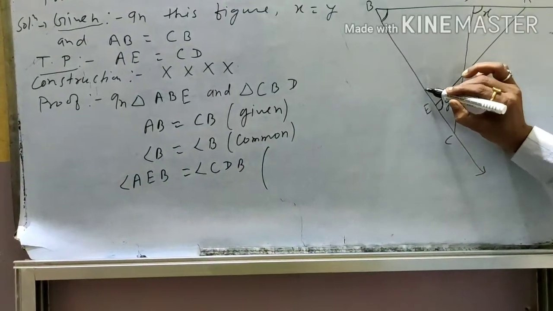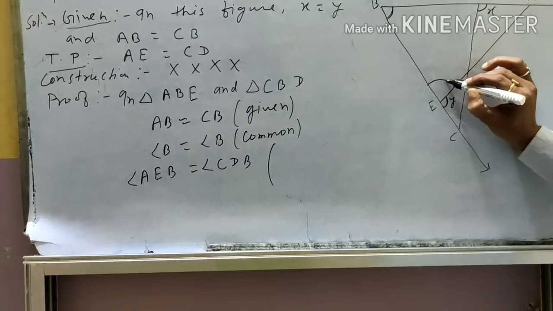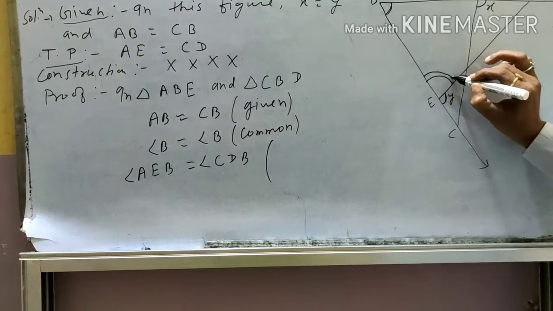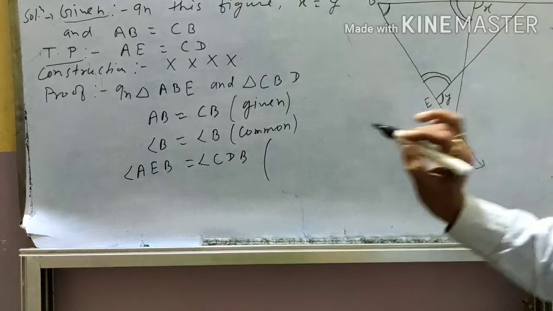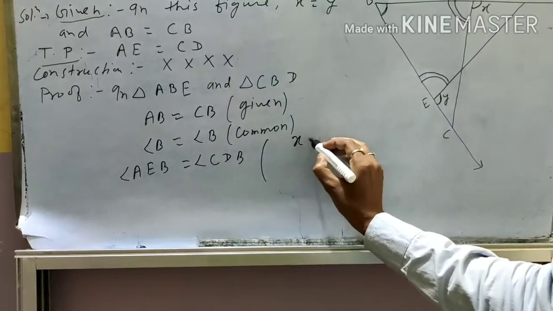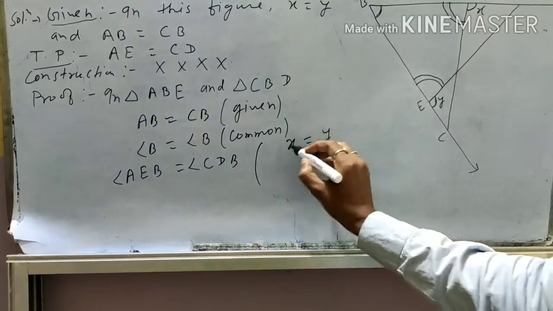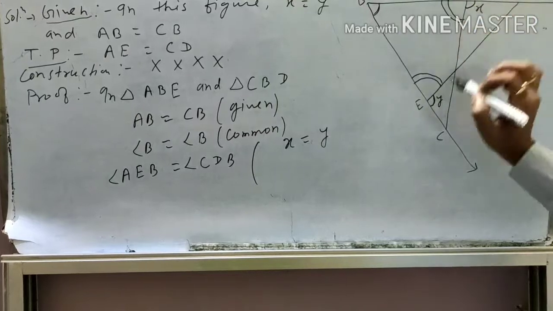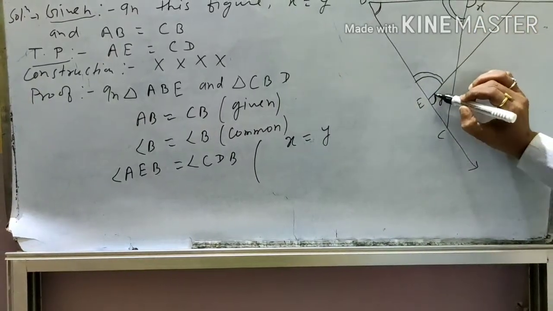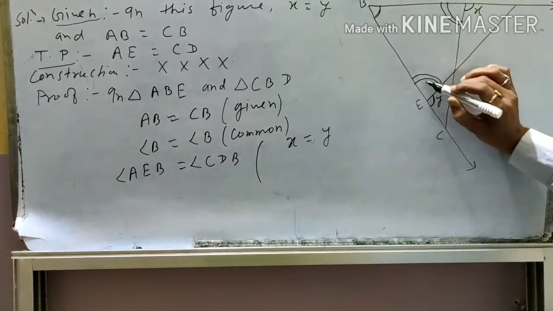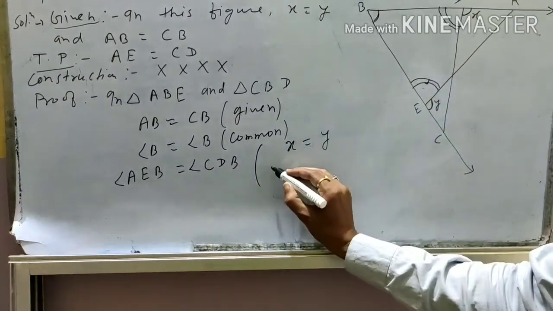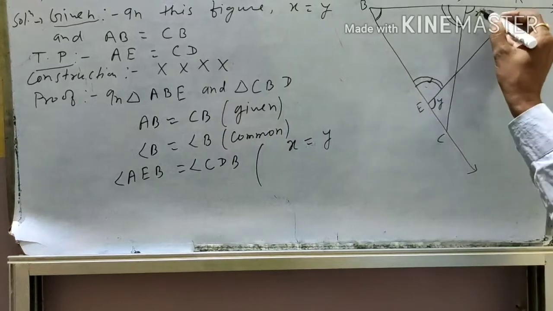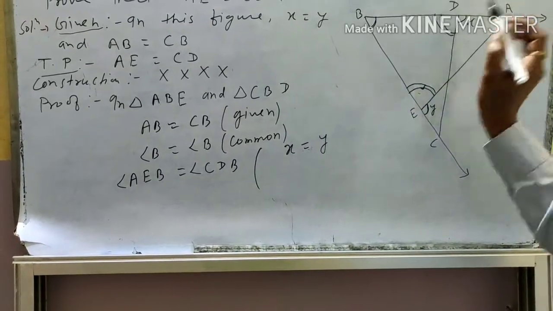According to this figure, this angle is equal to this angle. Why? Reason is that x is equal to y. According to linear pair, this plus this is equal to 180 degrees. So this angle can be written as 180 minus y, and this can be written as 180 minus x.